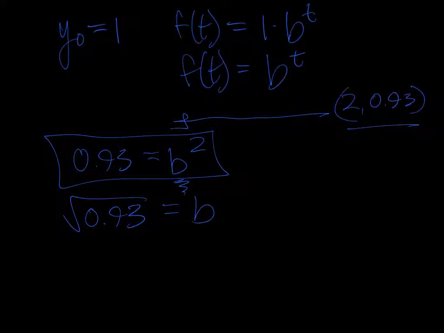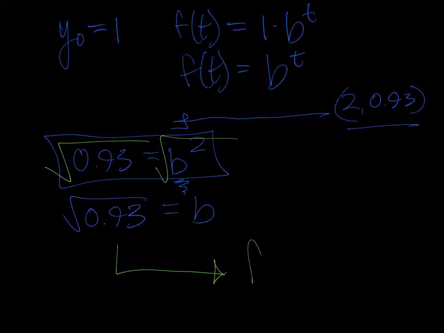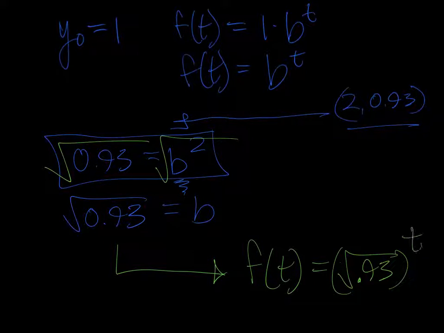Let's use a different color and kind of point that out up here. Okay? And so we get b is equal to that. So now the equation that governs this data is actually f of t is equal to, the base is the square root of 0.93, all of that raised to the t.